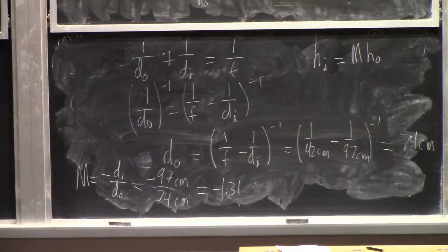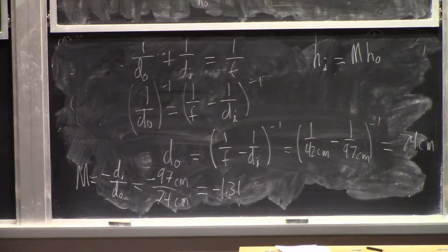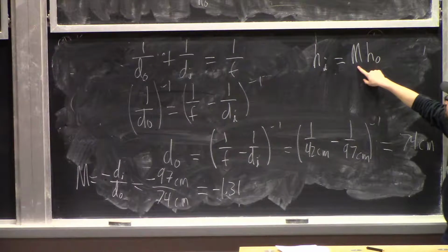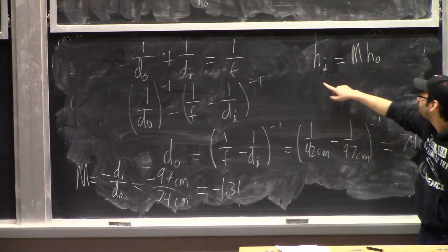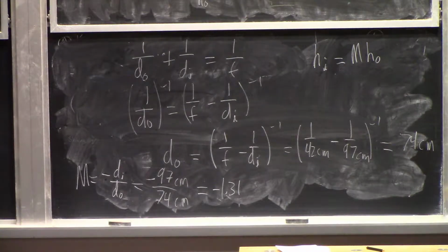And so if the magnification is larger than 1, this height here is larger than this one, right? Because if I multiply this by 1, these are the same. If I multiply this by something less than 1, this is smaller than this. Or if I multiply this by something that's larger than 1, then this is larger than this, okay?